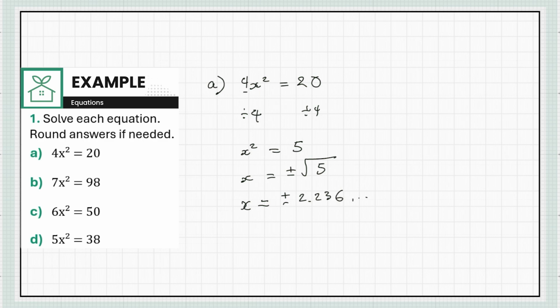Now, we're only interested in rounding it to 2 decimal places, so let's just round it there. Because our critical digit 6 is greater than or equal to 5, we're going to round up, and we're left with x is equal to plus or minus 2.24 to 2 decimal places.